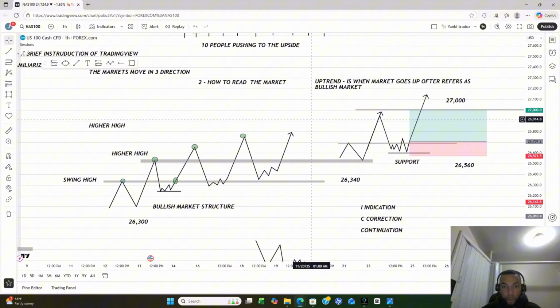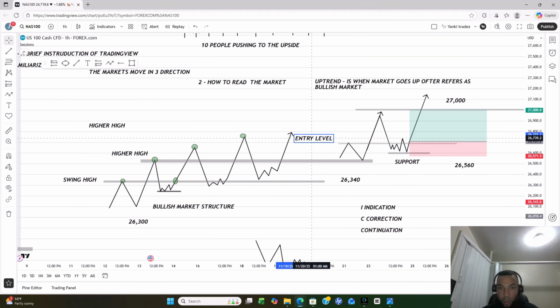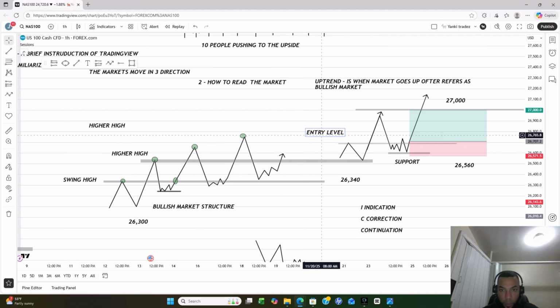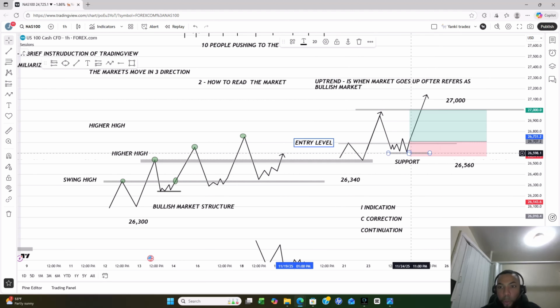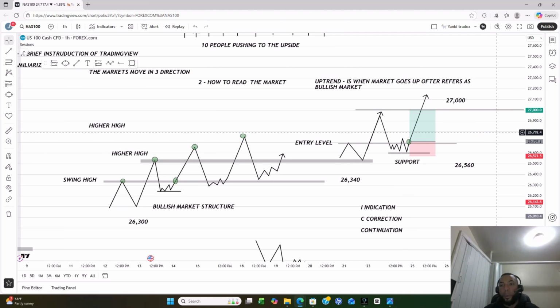Those are called entry levels. Your entry should be here when it breaks. When the candle closes above the previous level, the price is telling you, hey, the price wants to do the same thing again. Boom, and that's how we make some type of income.